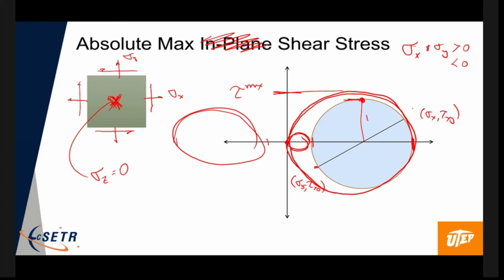And this is the radius of your Mohr's circle, but tau max is really this larger radius, which is going to be, in this case, where this is sigma x, sigma x over 2. Now, if this was sigma y, it would be sigma y over 2, okay?